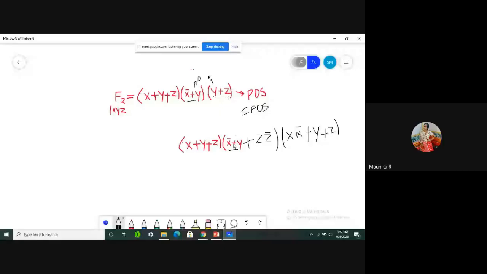Now solve. Now perform this multiplication. After the multiplication, how can we write this term? This term also can be written as, see here, same terms, X bar plus Y plus Z. We can take Z one time.